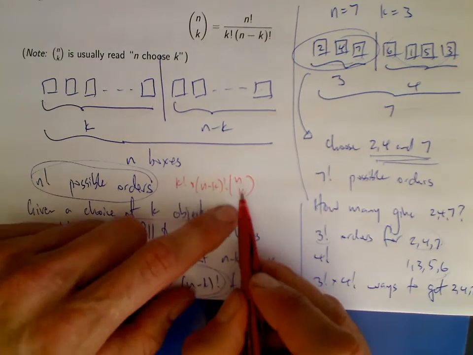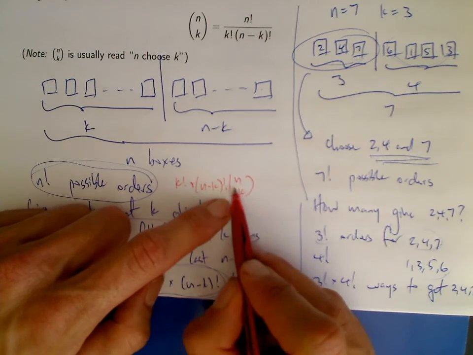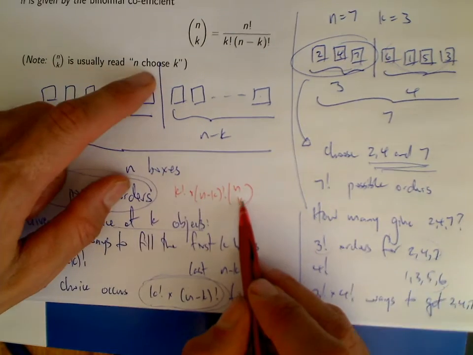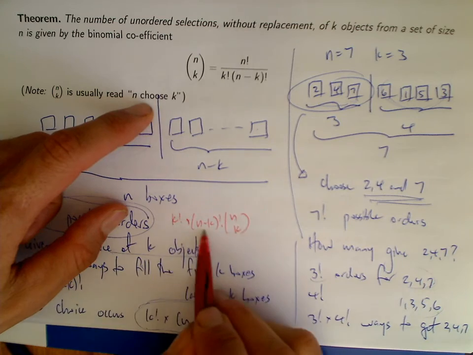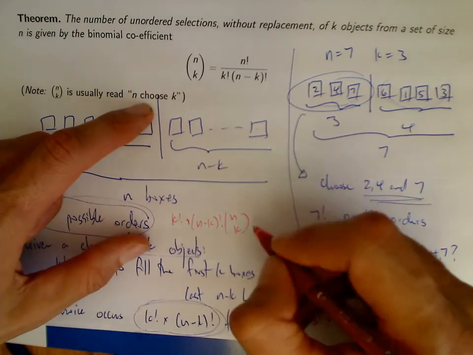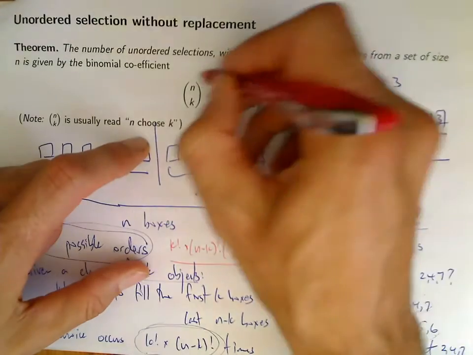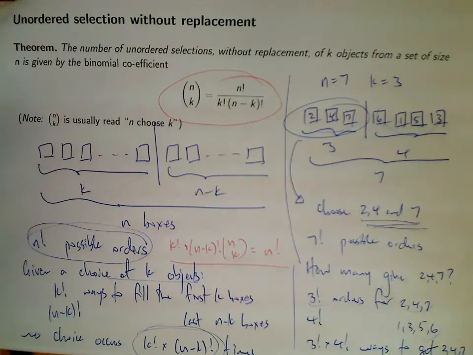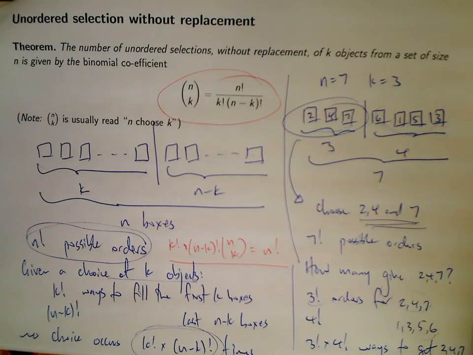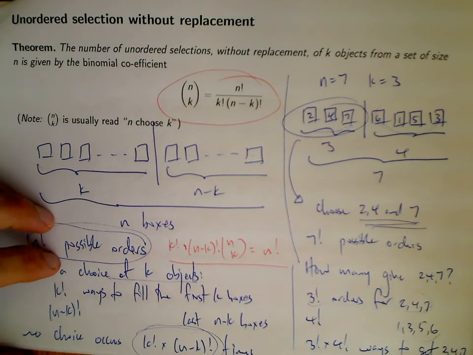This is the number of ways to choose our k objects, and this is the number of times each choice occurs. So that has to equal n factorial. And if we just divide, we end up with a formula right here. That's how we can derive this formula for unordered selection without replacement.